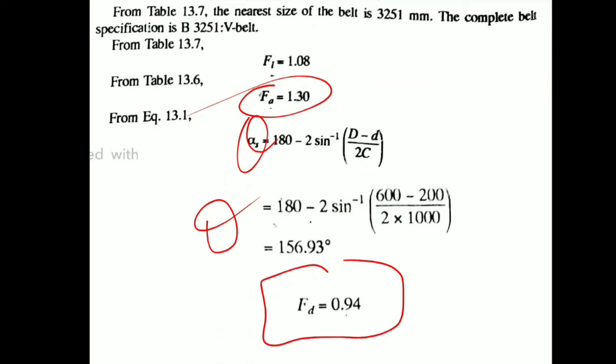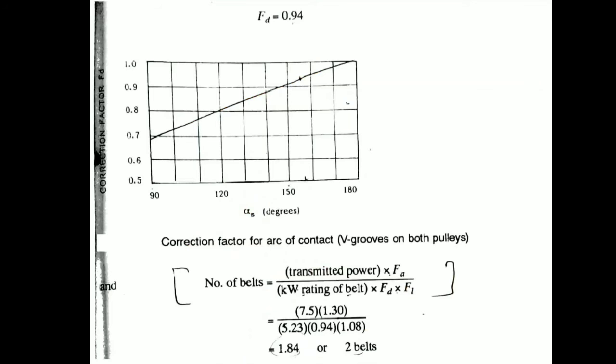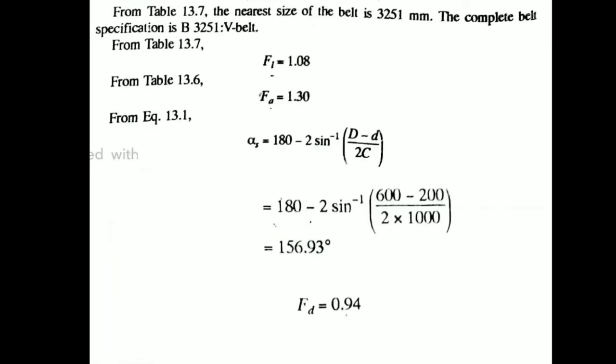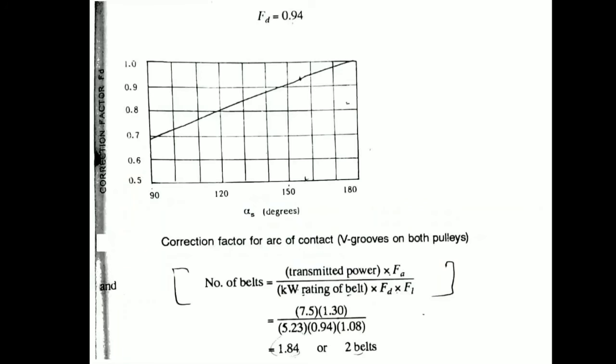Now there is a graph to select the value of the arc of contact factor. Earlier it was a chart in the flat belt drive. Now here is a graph. You can see this graph. The graph is theta versus FD, the arc of contact factor. Now our value is 156. Somewhere here, I'll project this, and this will be your value. It will be around 0.95 or 0.96, correct?